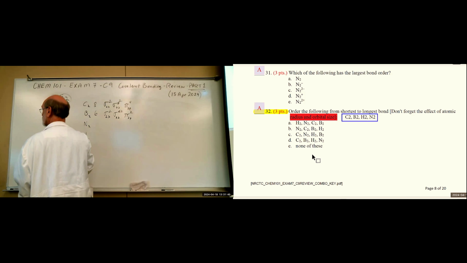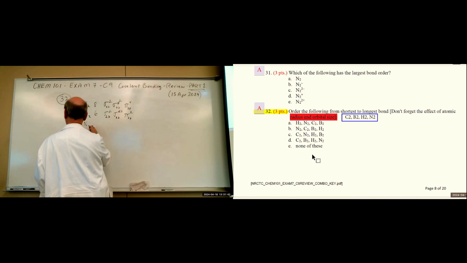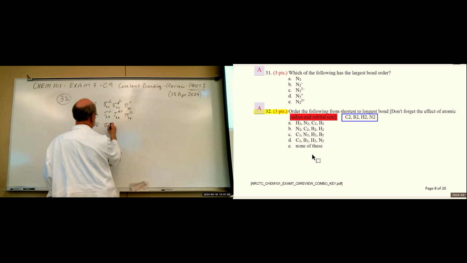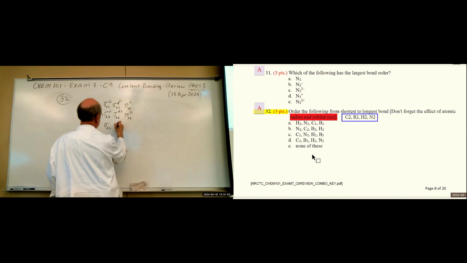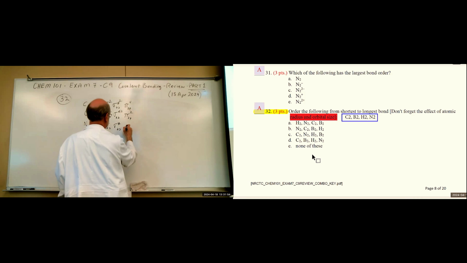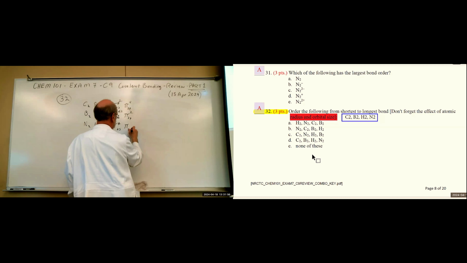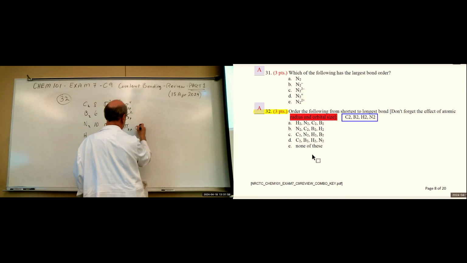And dinitrogen, that's also mixing. 2 times 7 is, no, 2 times 5 is 10. Yeah, 2 times 5 is 10. So we have mixing here. S with a pi 2p, sigma 2p.